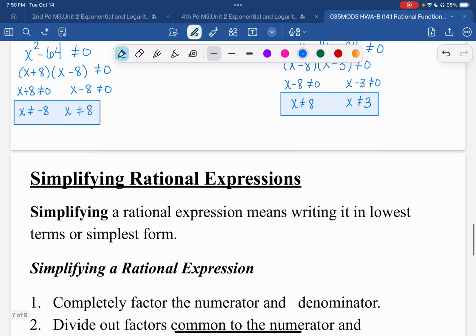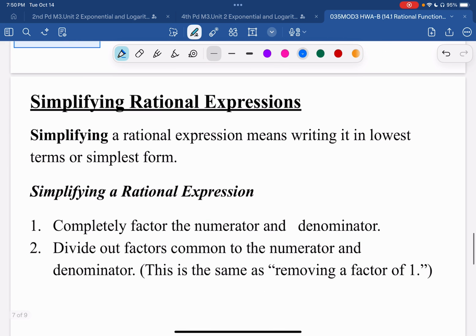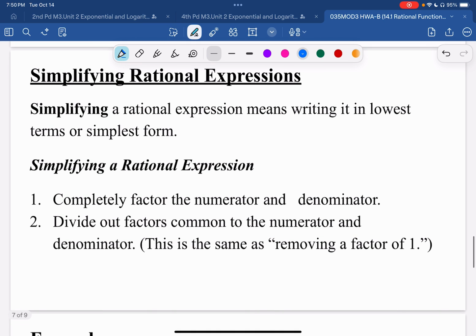So now that we understand domain, let's look at how to simplify rational expressions. So simplifying a rational expression means that we're going to write it in its lowest terms, or its simplest form. So we're going to look at this as a two-step process. First thing we want to do is completely factor.